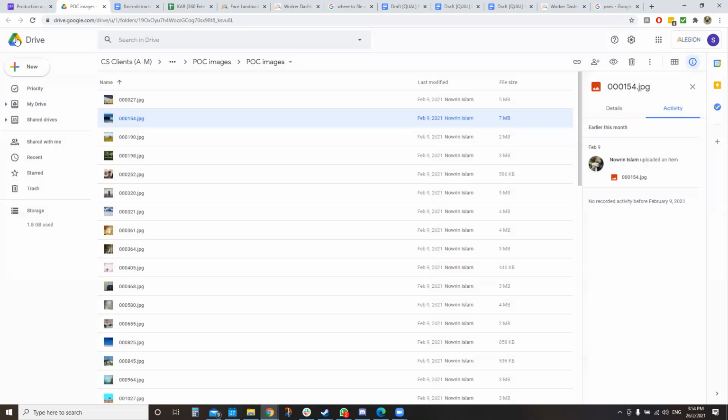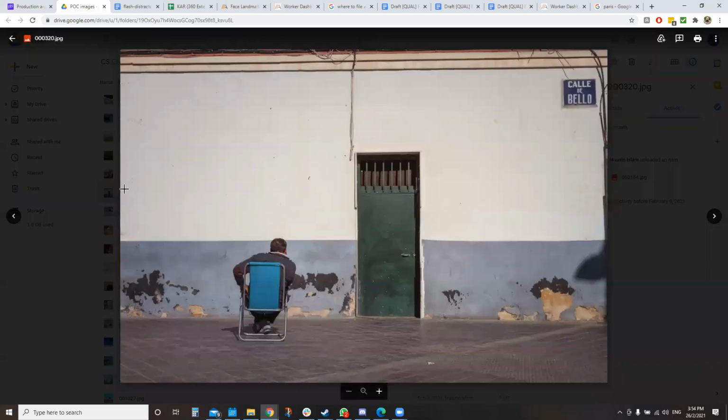Similar to this picture right here. An old building, and a guy is sitting there staring at the door. So obviously the building is important, correct, and the guy is also important, correct? Do you agree?